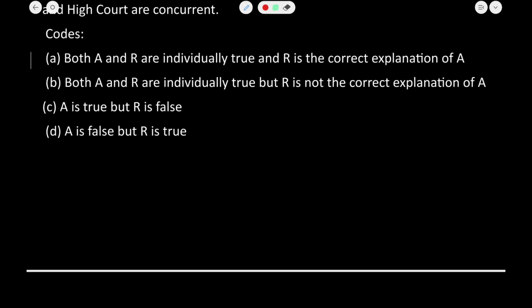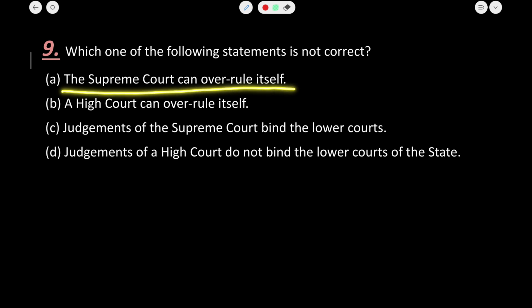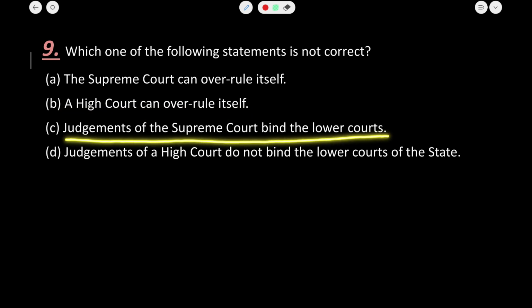Let's now move to the next question, which is, which of the following is not correct? The Supreme Court can overrule itself. A High Court can overrule itself. The judgment of Supreme Court binds the lower court. All of this is correct. We have seen in the court of record under Article 129 that the Supreme Court acts as a court of record.